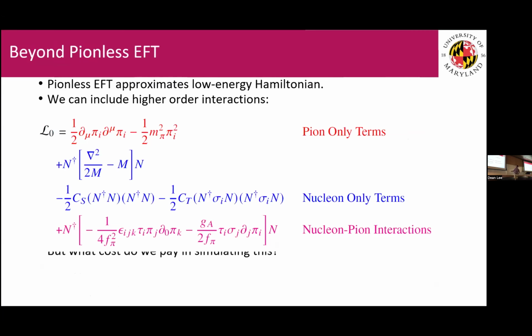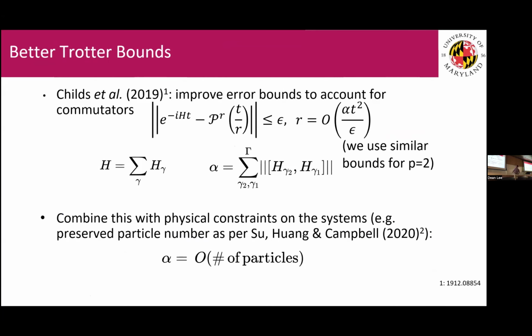You end up with these nested commutators, and you have to take the norm of these commutators. In order to take the norm involving your pion field, you basically need an estimate for, at a given energy, how likely is my pion field to reach this? So you're basically characterizing the norm of your pion field. Rigorously bounding that and accounting for the error it introduces is pretty hard, and you end up with pretty poor estimates.